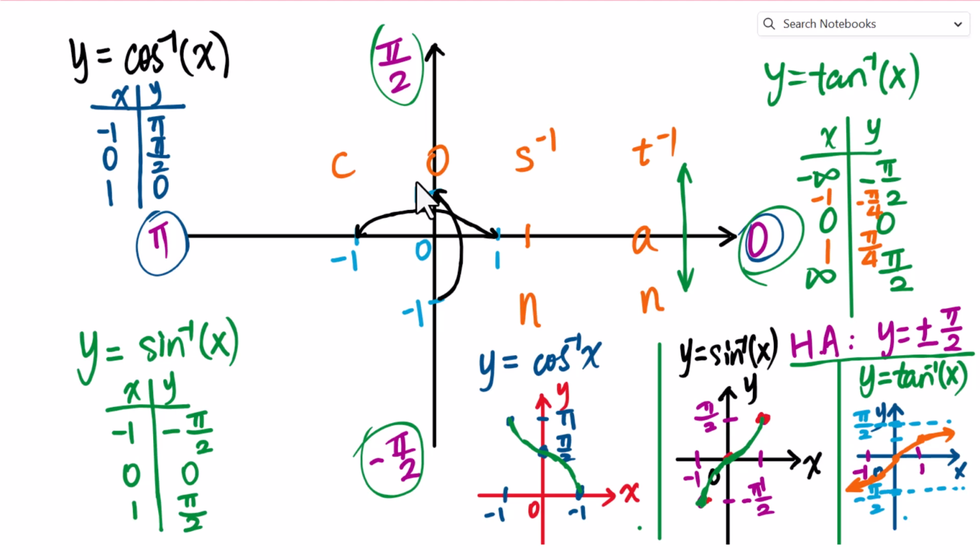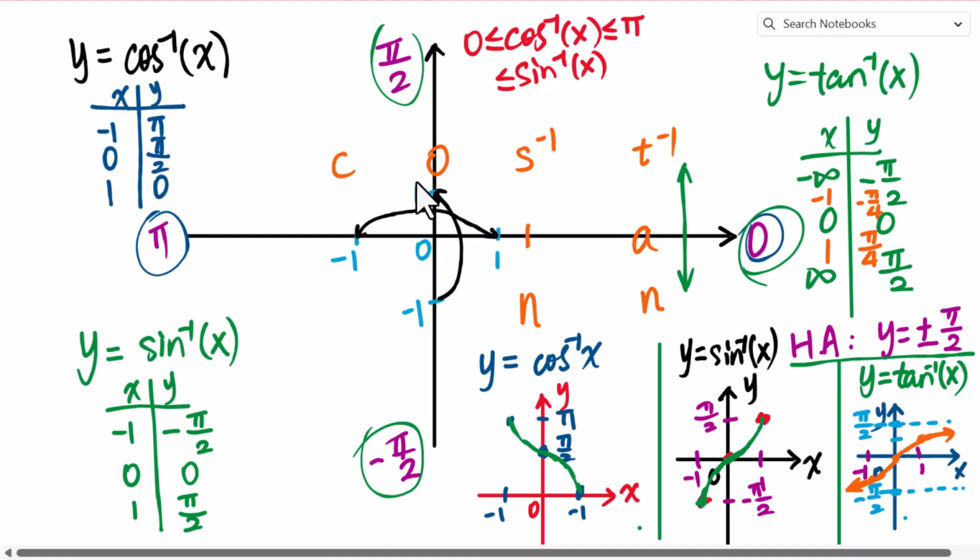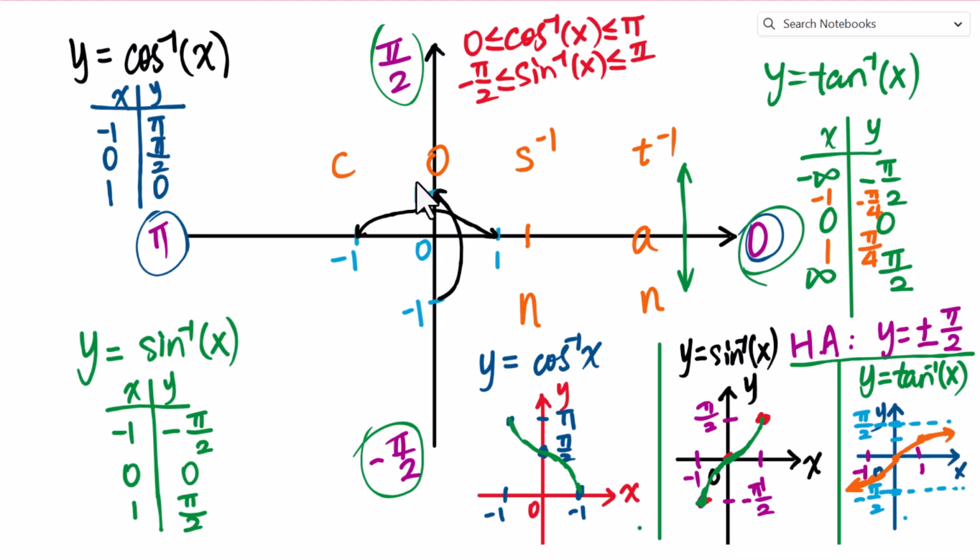Also, from this diagram, we could see the range of inverse function. It's between 0 and pi. Inverse sine of x is between negative pi over 2 and pi over 2.